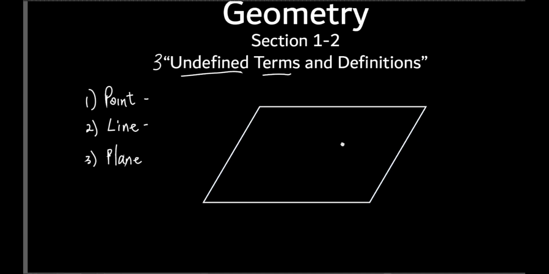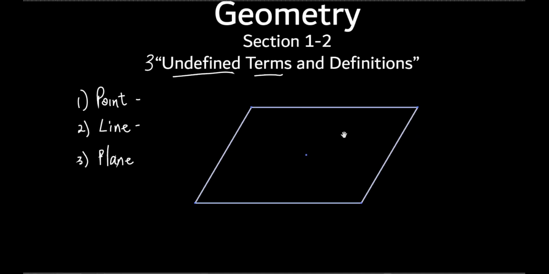But an actual plane doesn't have any edges to it, but there's no way to actually draw that. So we just have to understand that this just keeps going forever and ever. This side would keep on going, this side, this one, forever and ever and ever, all right? So that's basically what a plane is, a flat surface made up of a whole bunch of points that extends infinitely.